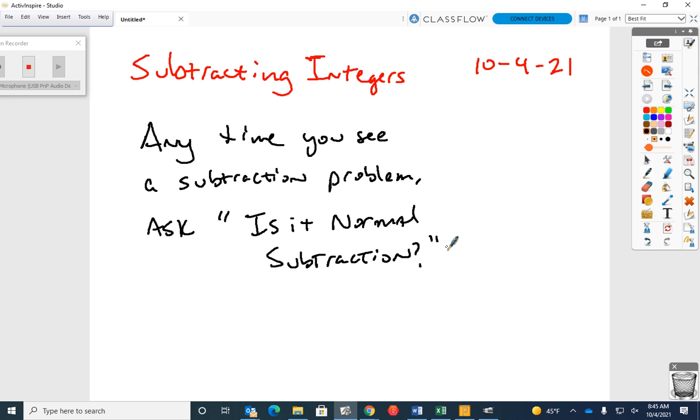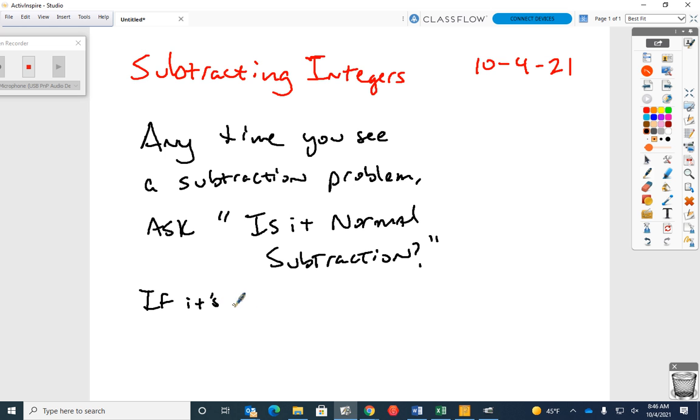Now, what do you think means normal subtraction? Brooklyn? Like no negative numbers. Yeah. If you saw 8 minus 2, is that normal subtraction? Yeah.